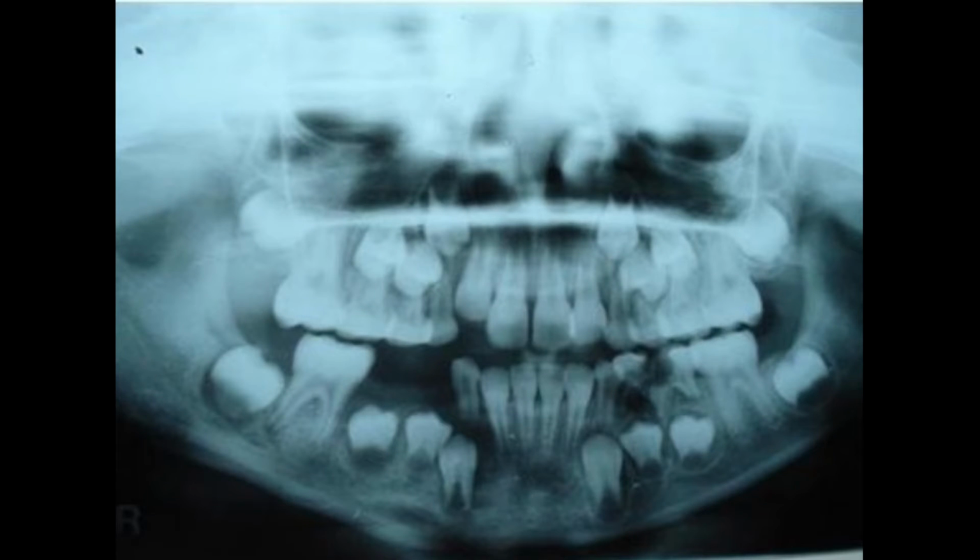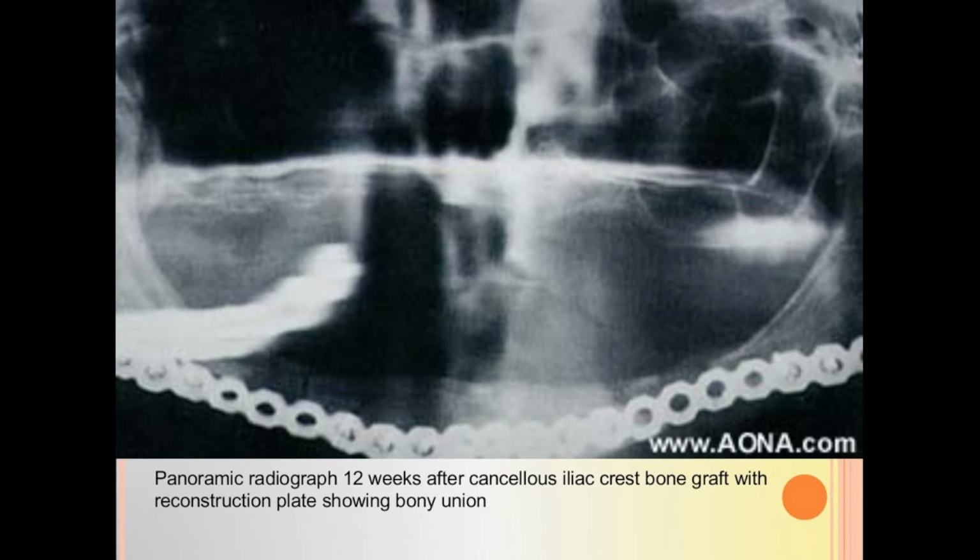You can see examples of radiographic examination, how it helps diagnose damage of the maxillofacial region in a patient. This is a panoramic radiograph 12 weeks after a cancellous iliac graft and the reconstruction plate showing bone union.